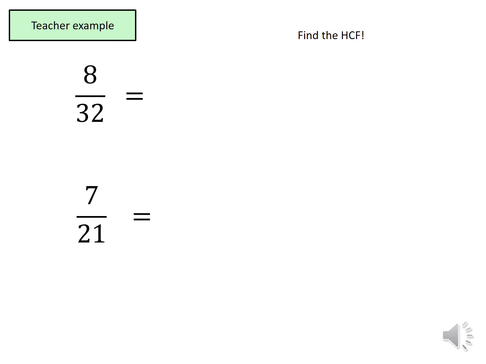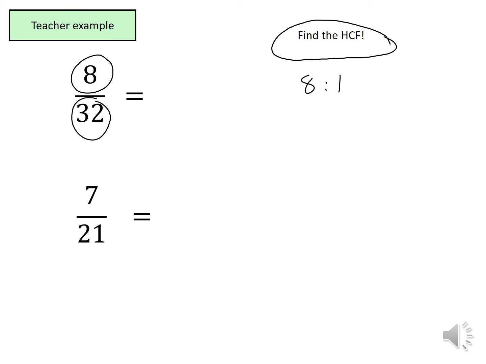So first things first, you need to find the HCF. You need to find the highest common factor of the numerator and the denominator. So if we list the factors for 8, we have 1, 2, 4 and 8.